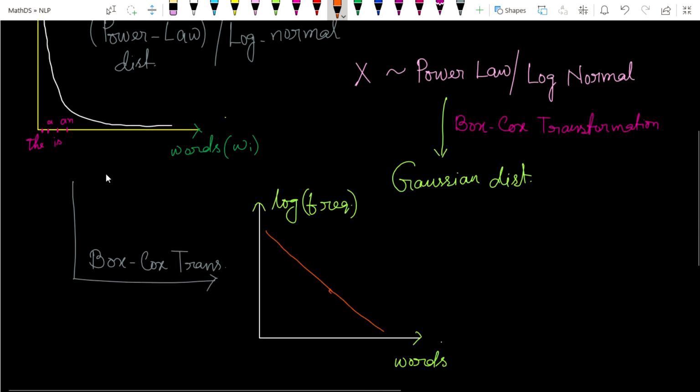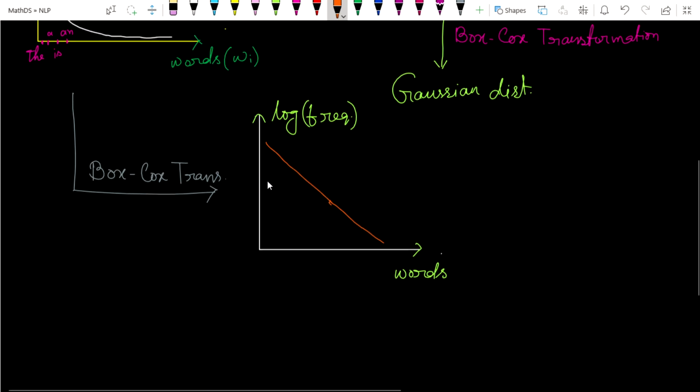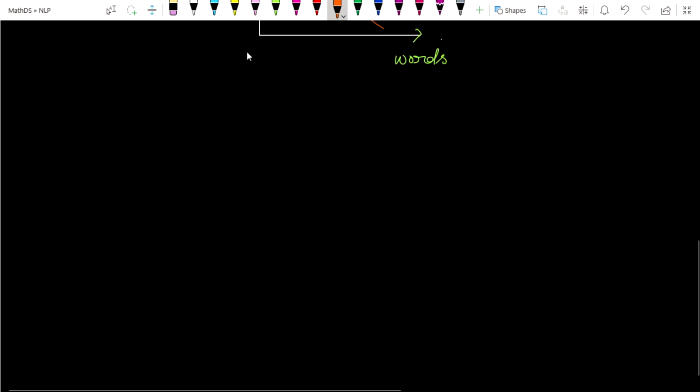So in these situations, to visualize these deviations in a linear way, these things are important. Now let's see it through an example. I think it will be better for us.